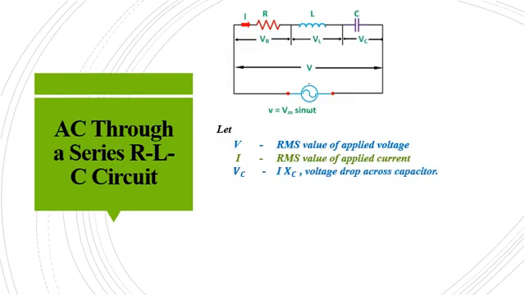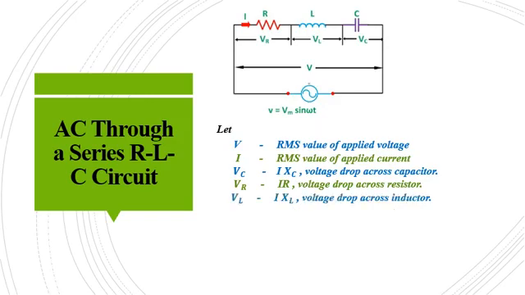Vc, that is I into Xc, where Xc is the capacitive reactance. So Vc is the voltage drop across the capacitor. VR, that is the voltage drop across the resistor, is given as I into R, where R is the resistance.